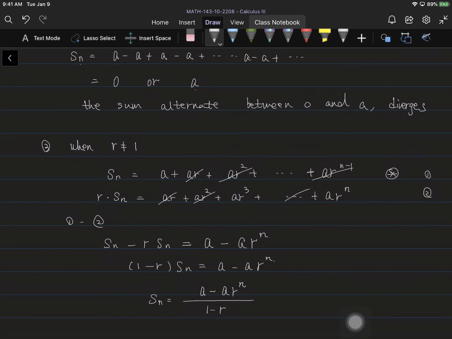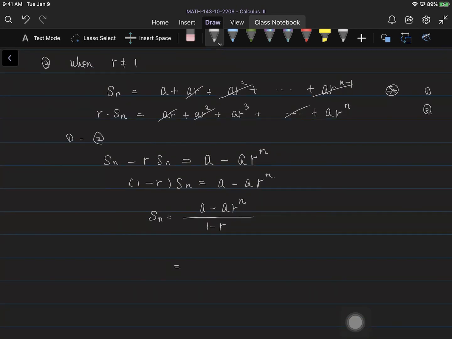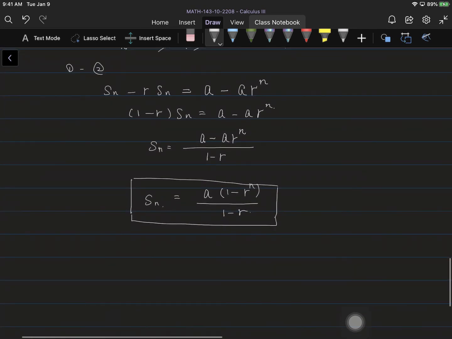Or we can write this in a better way. Factor a out in the numerator: a times 1 minus r to the n, over 1 minus r. So this is the partial sum.